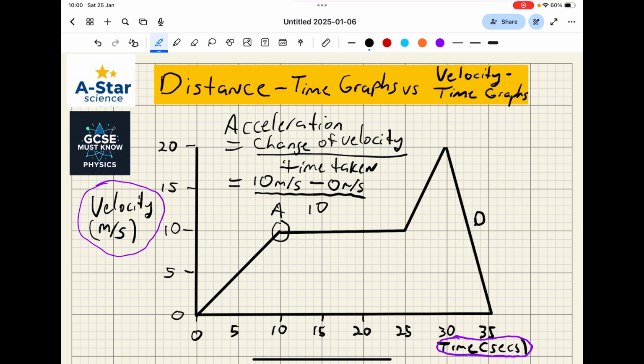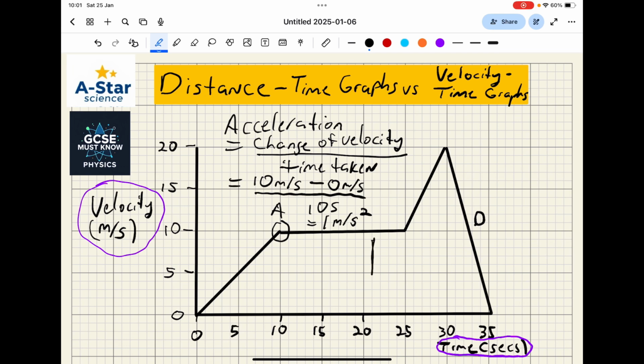It took 10 seconds, which means that its acceleration is 1 meter per second squared. So at any point, we can calculate the acceleration of an object using the velocity time graph.